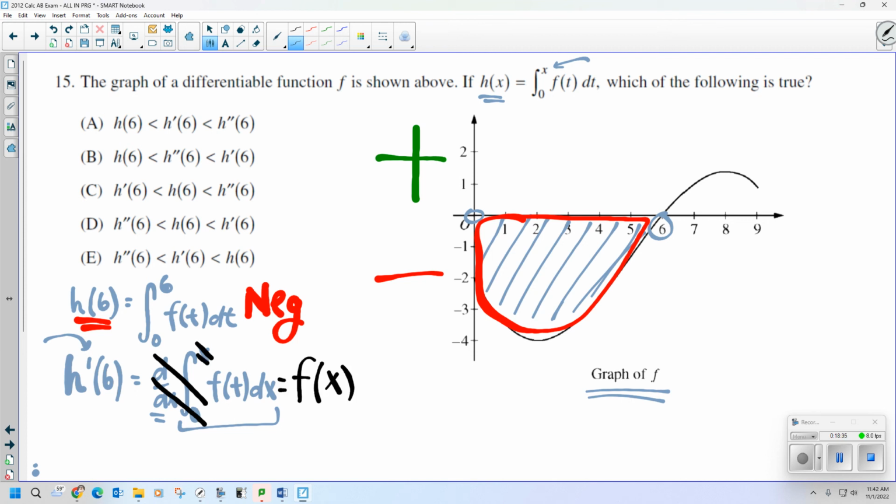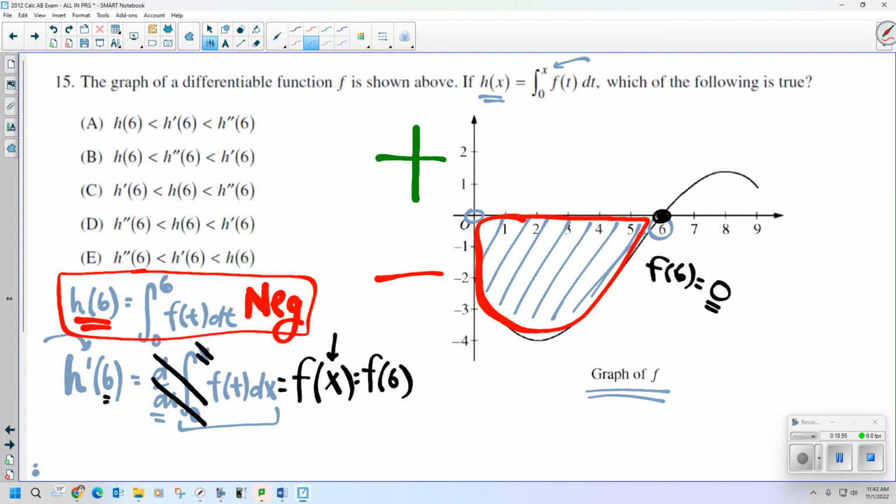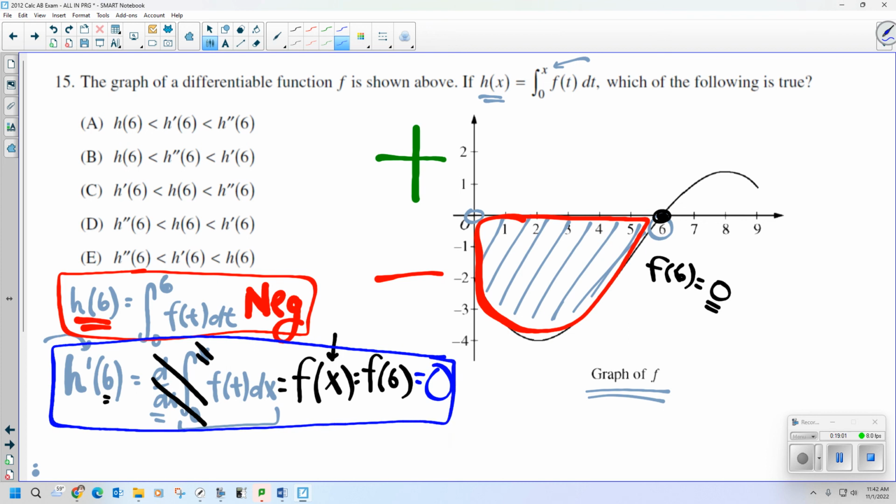In this case, we want x to be 6. So I really just want f of 6. That's this coordinate right here. When x is 6, my y is 0. So if h of 6 is negative, h prime of 6 is 0. All right? H prime of 6 is 0.